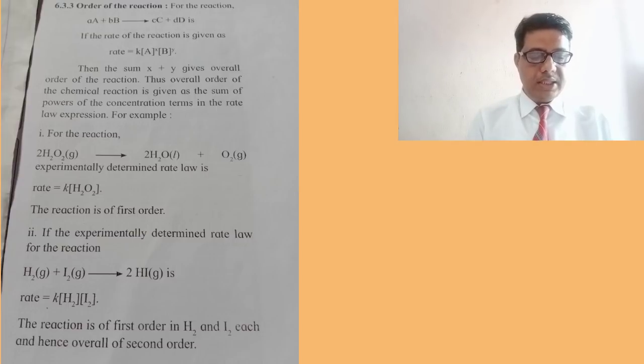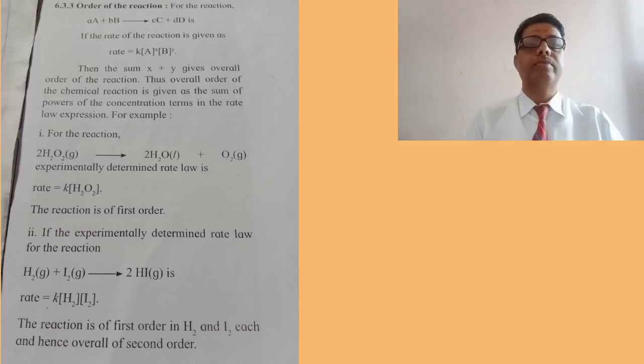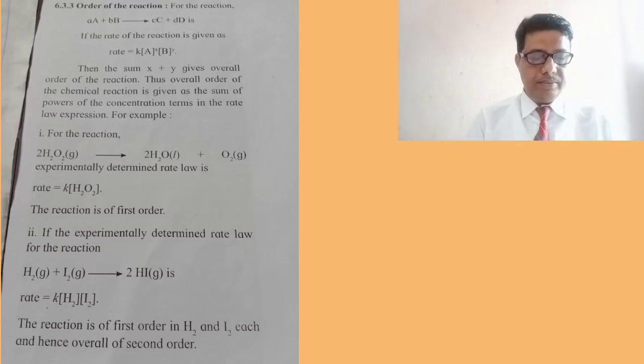Then we see the next example, the second example: hydrogen gas plus I2 gas gives 2HI gas. Here we find experimentally that the rate law for this reaction is rate equals k into the concentration of hydrogen into the concentration of iodine, I2.